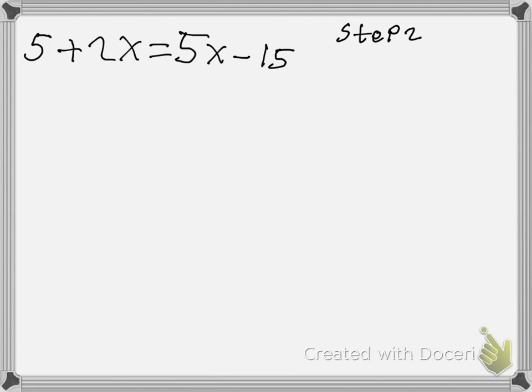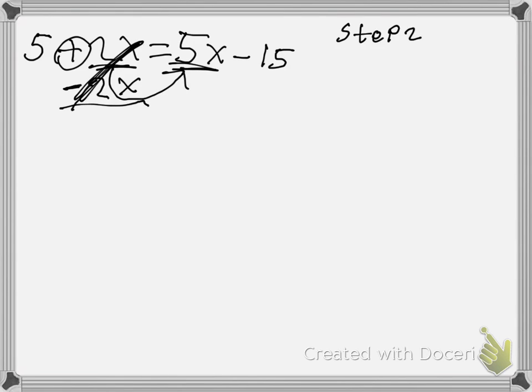That's what we're trying to do, right? Which one is the bigger x, the 2 or the 5? The 5, obviously. So we're going to move this to the other side. This is a plus, so the opposite of a plus would be a minus 2x, because we want to cancel out. So 2x minus 2x is 0.